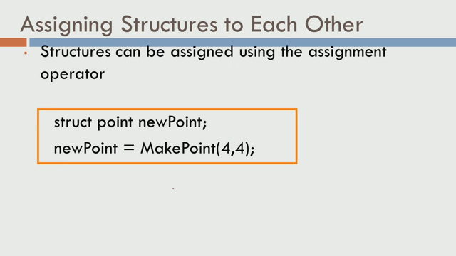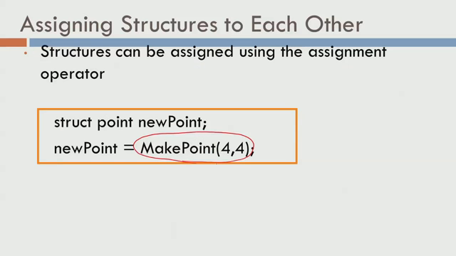So finally, structures can be assigned to each other. We have been seeing this for a while now. So if I did new point equals make point 4 comma 4, make point is a function which is going to return a point with its x as 4 and y as 4, and since the right side is a structure of the data type point, I should have the left side also to be of the same data type.